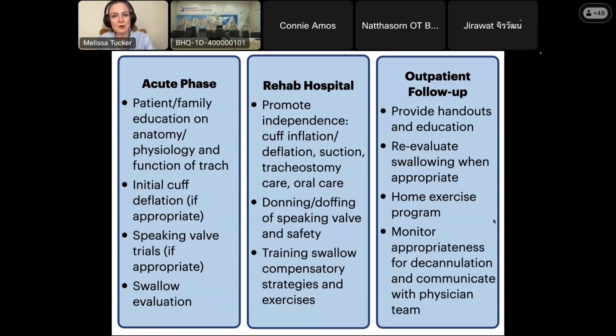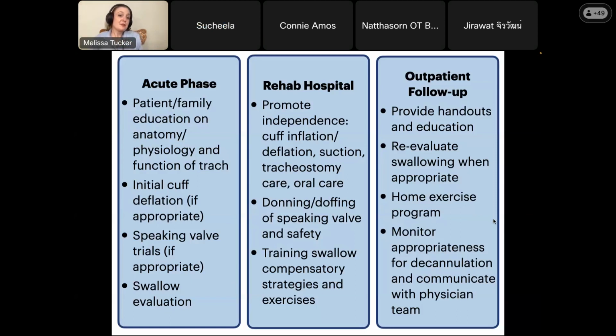Do any of you work with patients with tracheostomy in the outpatient setting? So patients who are at home, but they just come into your clinic for an appointment? I think no, not often. Okay. So mostly acute care and rehab hospital, very good.